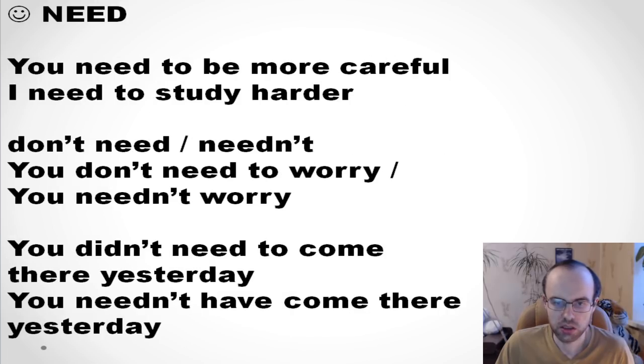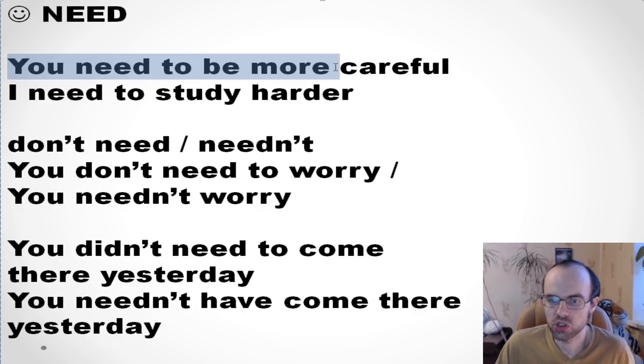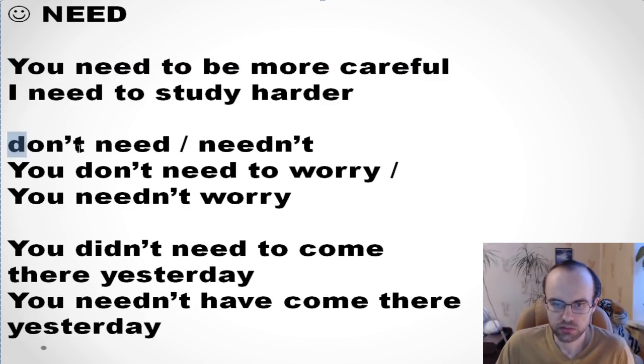Okay, need. Sometimes people say that it's a modal verb, but it's mostly an ordinary verb. So you see, you need to be more careful. You need to be, or you must be more careful. I need to study harder.